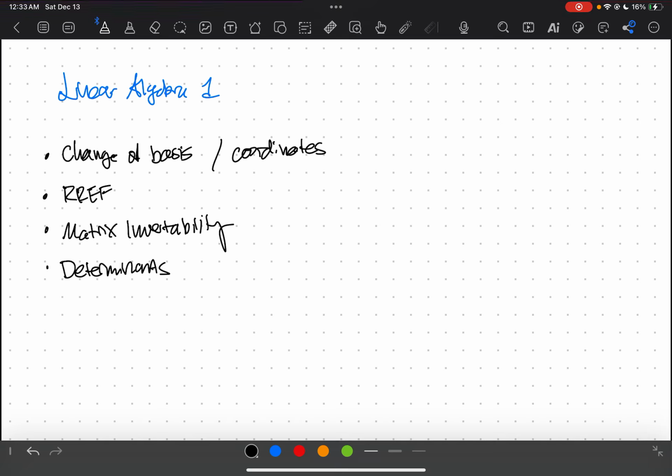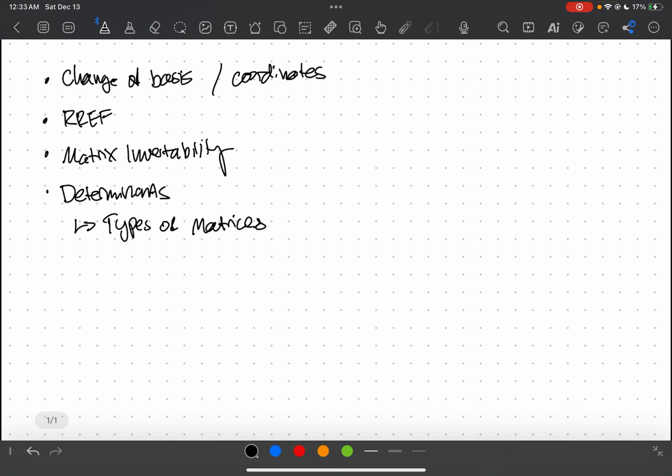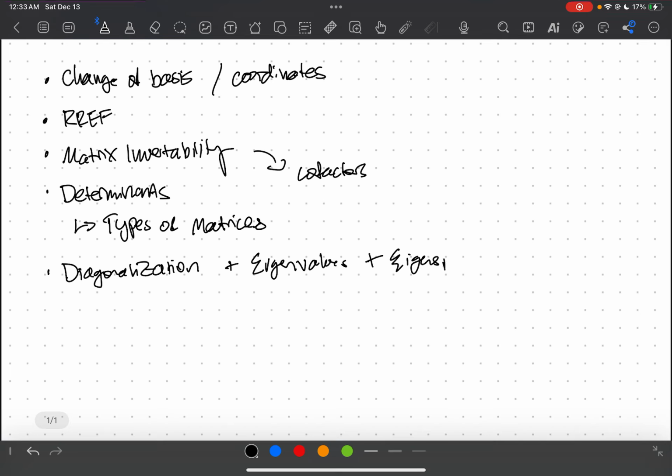For those, there's diagonalization, plus eigenvalues plus eigenspaces plus multiplicities.